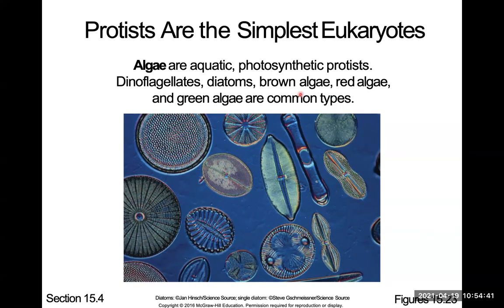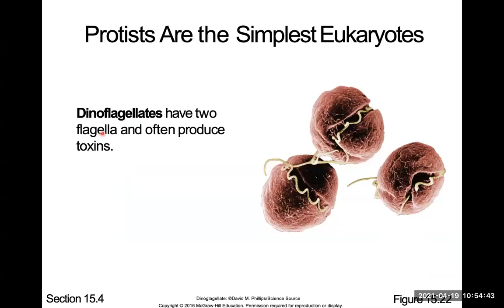So these dinoflagellates, they have two flagella, and they often produce toxins. During the day they swim up to the surface. This flagella helps them swim, and at night they go back, maybe deep in the water. Di means two, so they have two flagella, and we call them dinoflagellates.